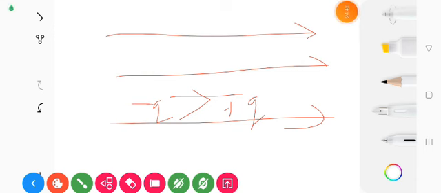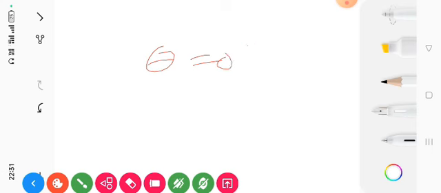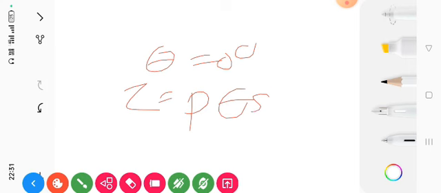Now what is the angle between this dipole and the electric field? The electric field is here, the dipole moment is also in the same direction. The angle theta is 0 degree. Just substitute theta in the equation of torque: sine 0 is how much? 0. So 0 torque is acting. So when the dipole is placed parallel to the electric field, such that the dipole moment is in the direction of the electric field, the torque acting will be 0.